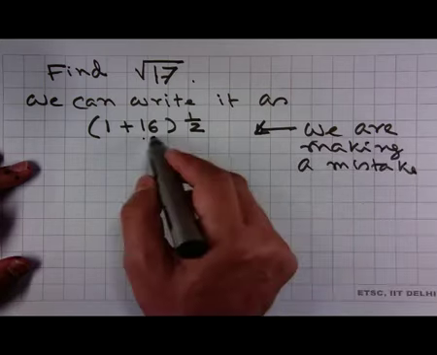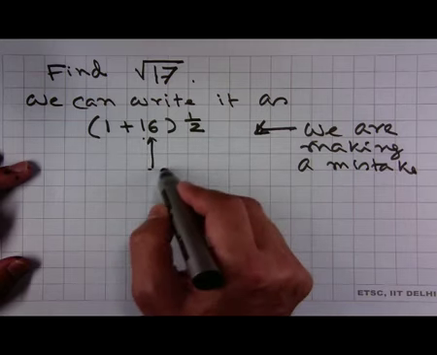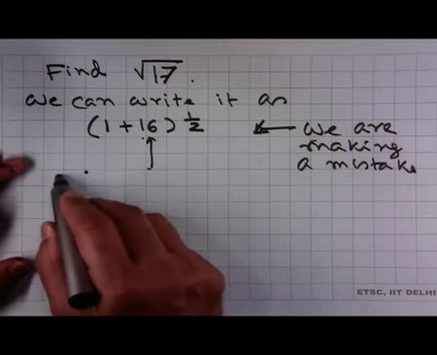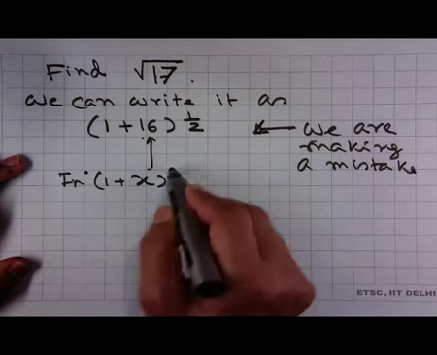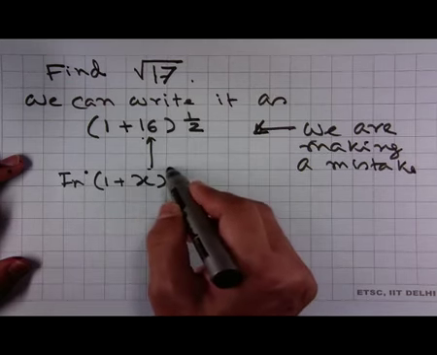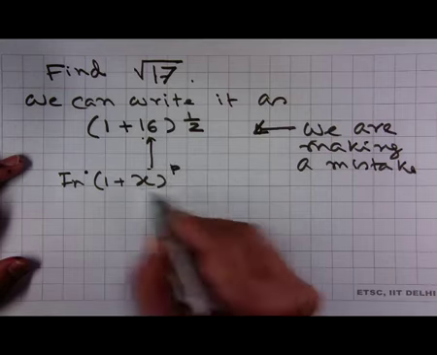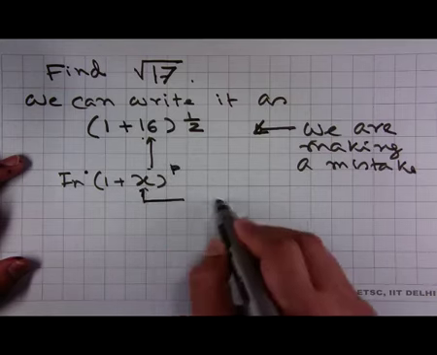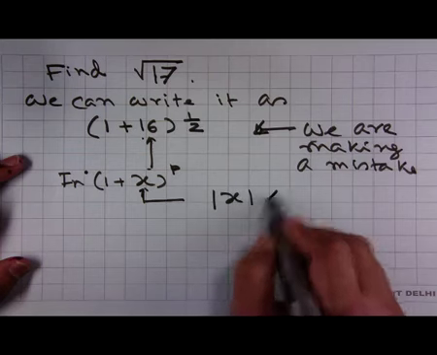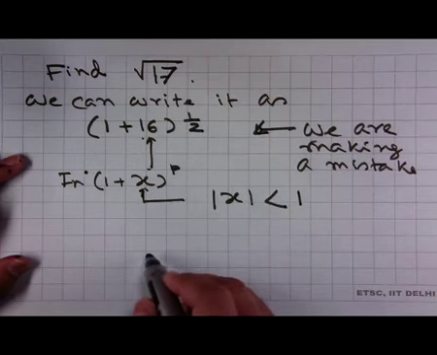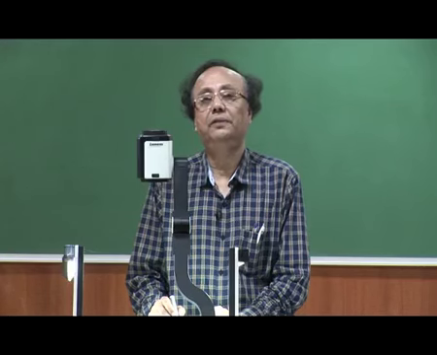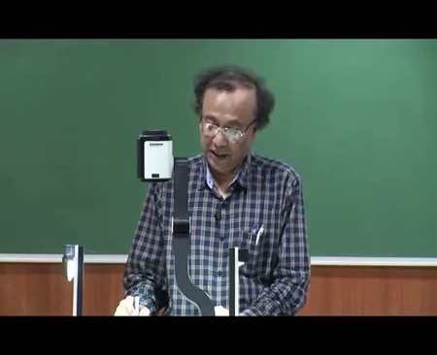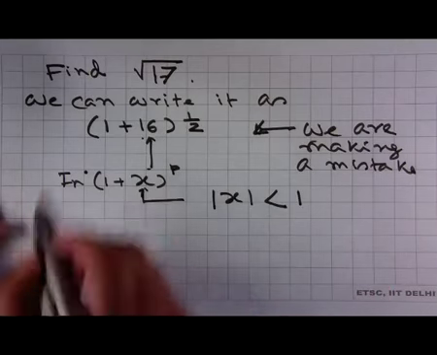What is the mistake? Because this x in (1 plus x) to the power p, in the expansion, modulus of x has to be less than 1. But if we write it like 1 plus 16 whole to the power half, then we are making a mistake. So, we write it in a different way.